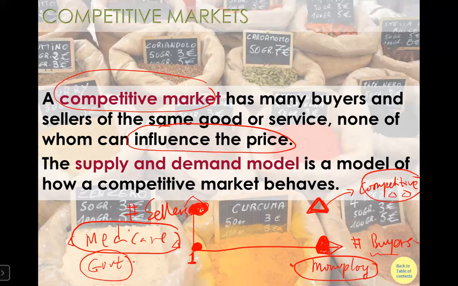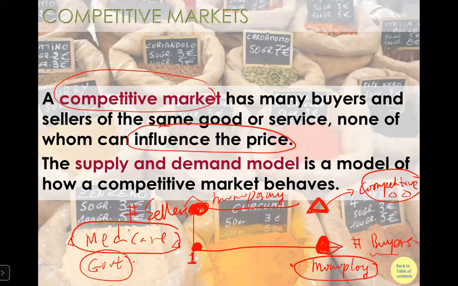Right? So in that sense, the government has the power or the ability to affect the price of healthcare. And this market is called monopsony. Okay? This is opposite to monopoly. All right.